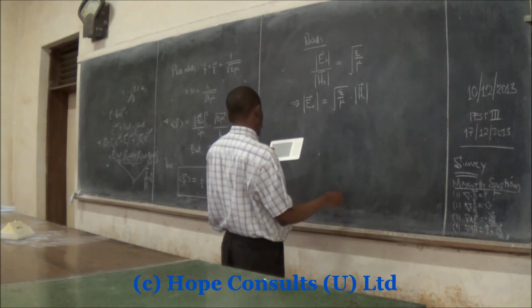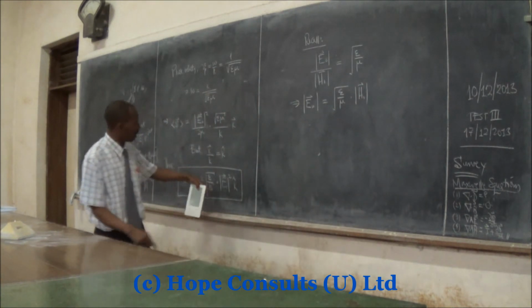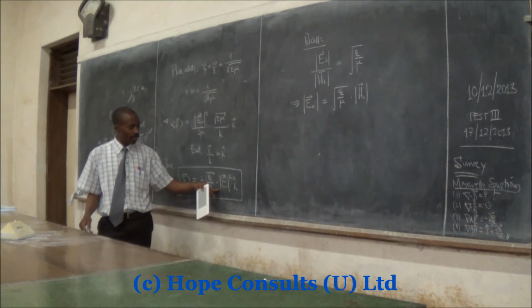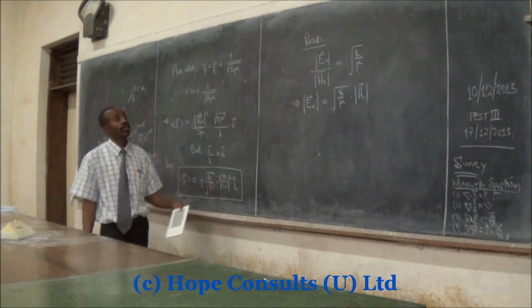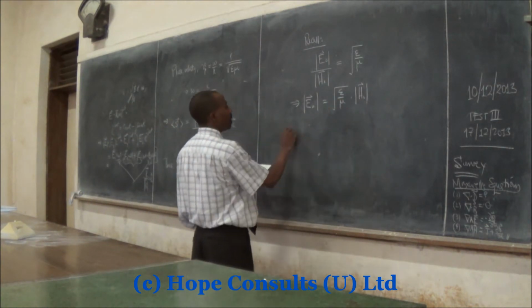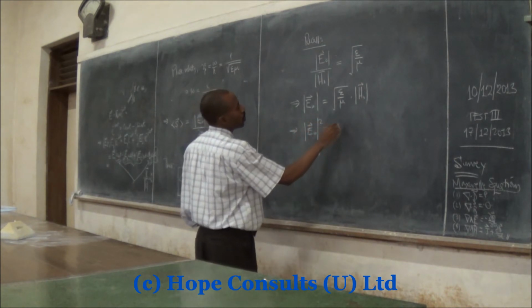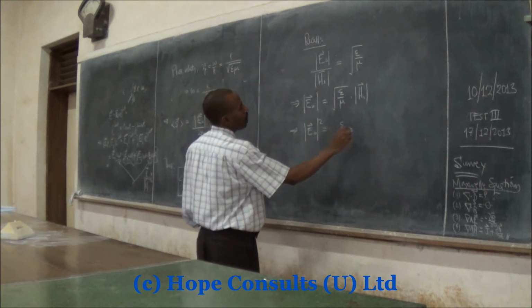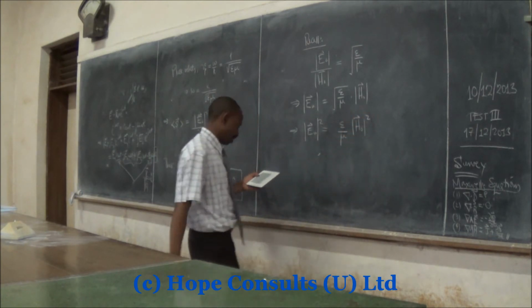If I now want to bring in the H naught squared, how the average Poynting vector would relate to the amplitude of the magnetic field, then I would have that E naught squared will be equal to epsilon over mu H naught squared.